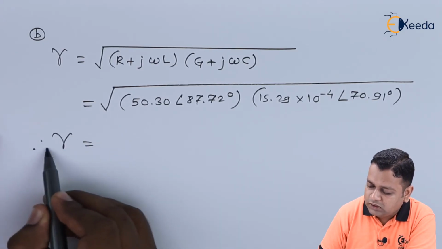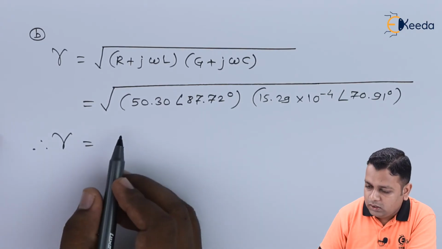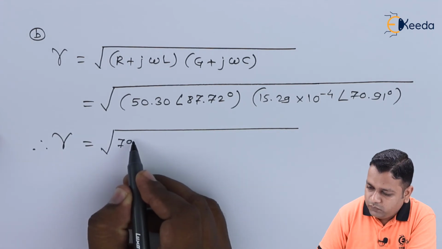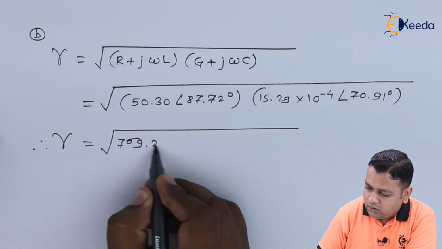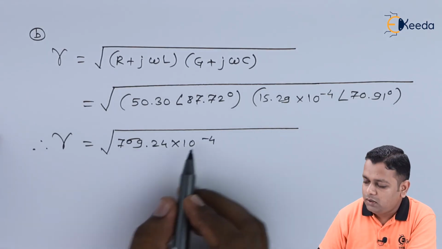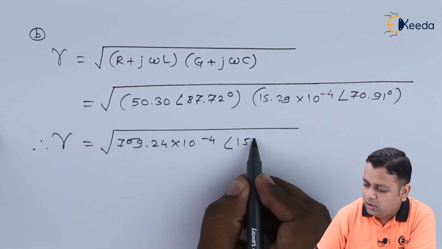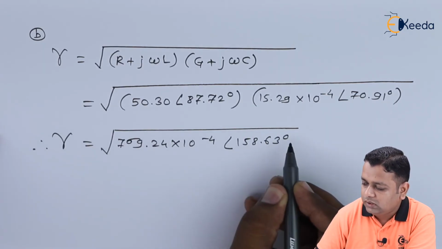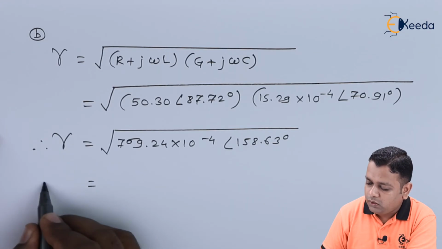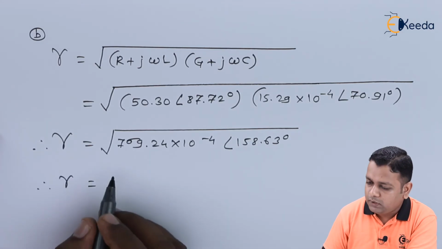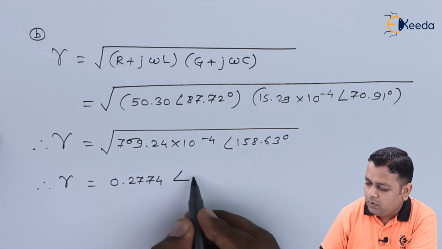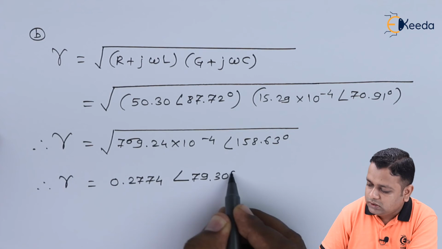The substitution is made and the multiplication inside the square root gives the next step: gamma equals the square root of 769.24 into 10 raised to the power minus 4 as the magnitude, whereas the angle is 158.63 degrees. Taking the square root for determination of gamma, we obtain the magnitude 0.2774, whereas the angle is 79.30 degrees.